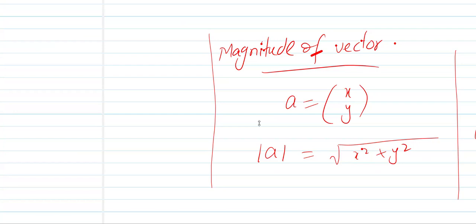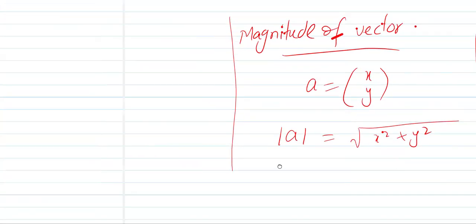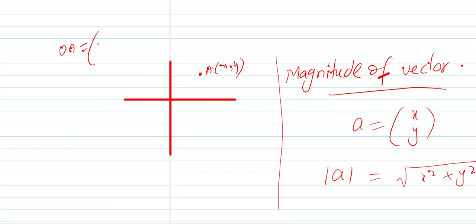Why do we use the Pythagoras theorem formula? It's not the Pythagoras theorem formula. Actually, when I come to the graphical form, you will understand it much better. If we write a column vector, as I told you, for example, let's say this is the point A having the coordinate x, y. So if I write OA, it will be x, y. If this is the origin, you are taking it from here.